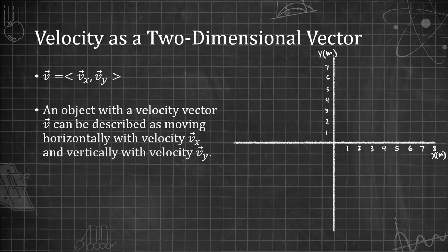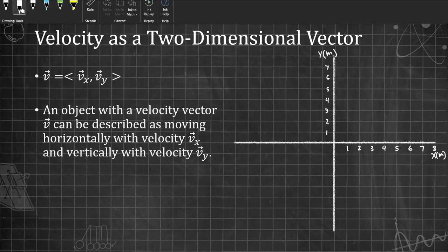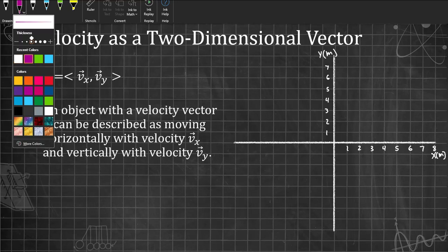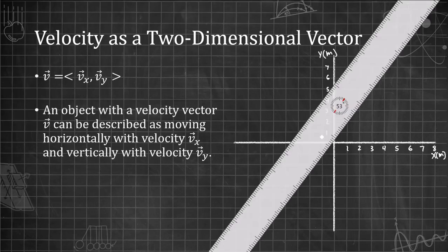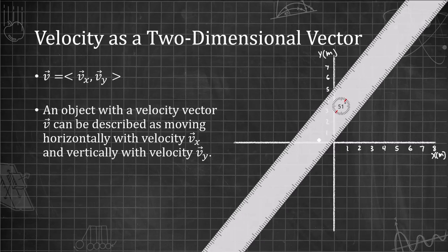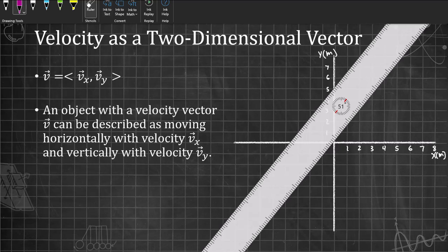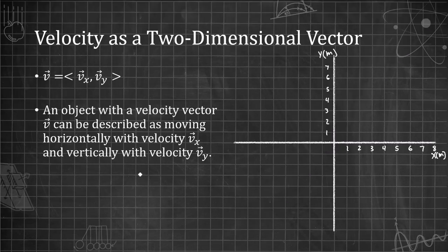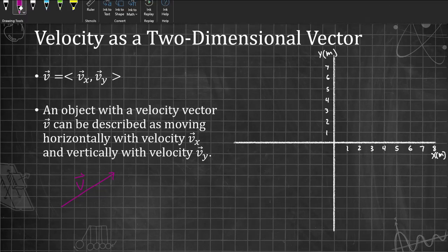While position can be a two-dimensional vector, a lot of times the two-dimensional vectors that we're dealing with are things like velocity, acceleration, force, or momentum. So we'll take a look at a two-dimensional velocity vector. Instead of using our coordinate plane and the units to describe how far something has gone, we're using the components of the vector to describe how fast it's going in each direction. Say we have some purple vector v that's at an angle.